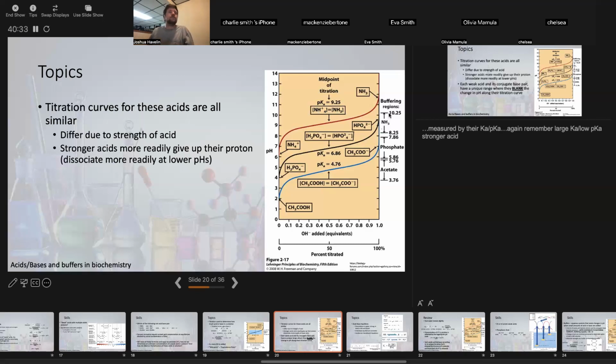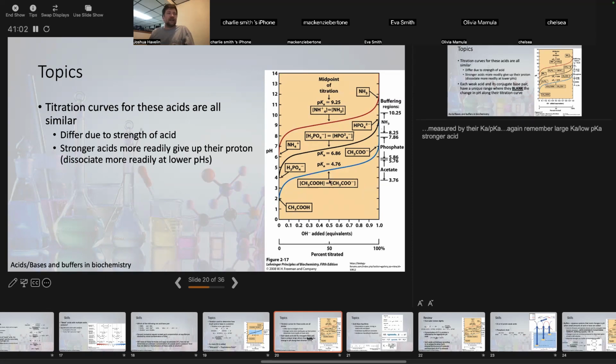And so each of these different weak acids has its own unique buffering region, right? Ammonia is going to buffer well between a pH of 10.25 and a pH of 8.25. This version of our phosphoric acid is going to buffer happily between 7.86 and 5.86. And again, acetic acid will buffer happily between 5.76 and 3.76.